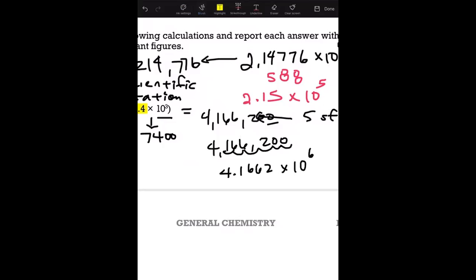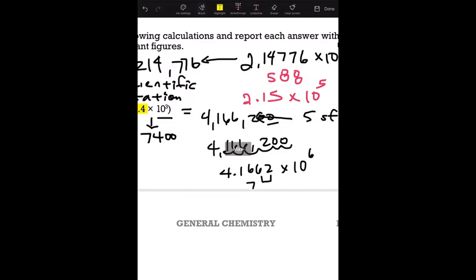Now, what do we need to do in order to get that to 2 sig figs? You need to round that 1 to a 2. Round the 1 up to a 2. The 2 is not going to change the 6 next to it. The 6 is going to change this to a 7. And that 7 is going to cause that 1 to round up to a 2.